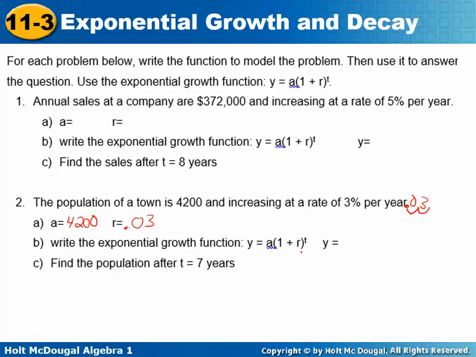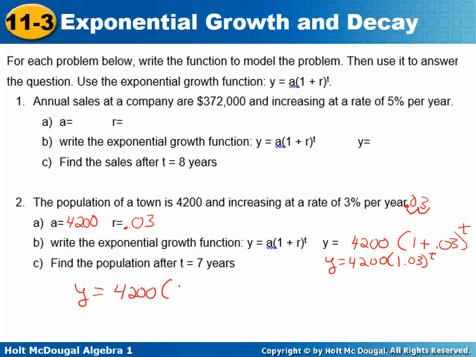Then we replace: A is 4,200, parentheses, 1 plus R is 1 plus 0.03, to the t power. And we can simplify that a little bit by adding the 1 plus 0.03. And then in C, you will take and replace t with 7.